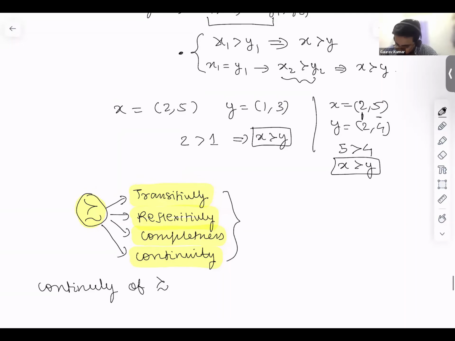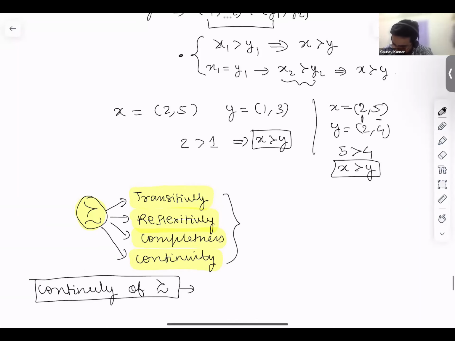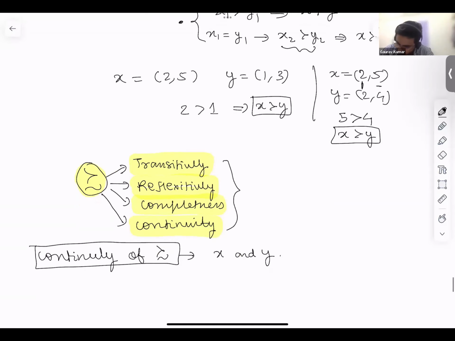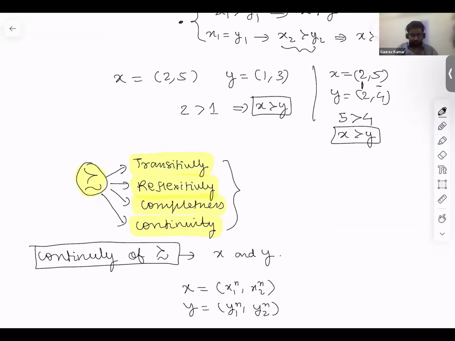Okay. Continuity of squiggle says that, suppose there are two bundles X and Y. I'm assuming X to be (x1n, x2n) and Y to be (y1n, y2n). I'll explain exactly what this means.